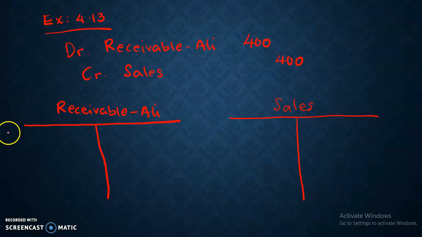Debit receivable Ali with a particular of sales and amount of 400 ringgit, and credit sales account. So this will be an example of journal and ledger for sales of goods.